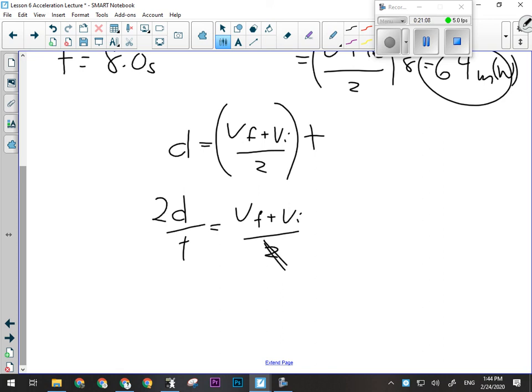And then I would subtract VI over here. So I have 2 times D over T minus VI equals VF. Everybody all right with that? If I want to find VI, what do I do with VF? Same thing. Subtract it over. Everybody all right with that?